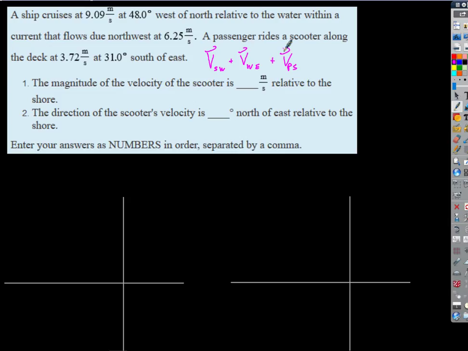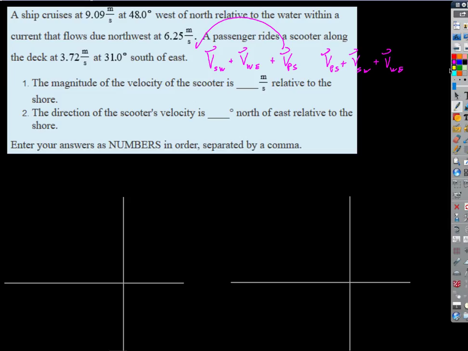So if I added all those up, and vectors are commutative, it doesn't matter the order in which I add them up. But if I were to put this one in the front, look what we'd get then. We'd get velocity of person relative to ship plus velocity of ship relative to water plus velocity of water relative to earth.